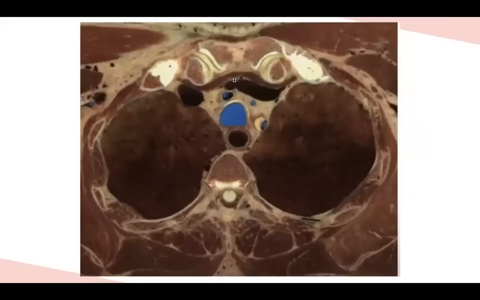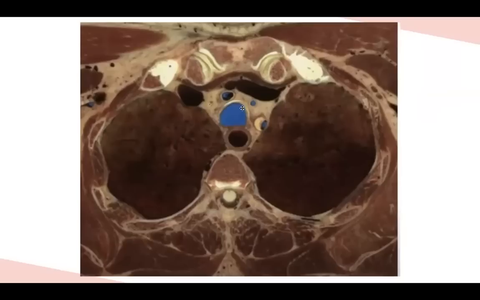Can someone answer me, what is this structure right here? The trachea. Trachea, nice. How do you know it's a trachea? Because it's big and the esophagus is right behind it. Exactly, yes. Another point is you can see this cartilage covering the trachea, and it's not present posteriorly.